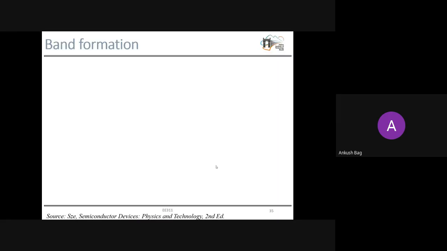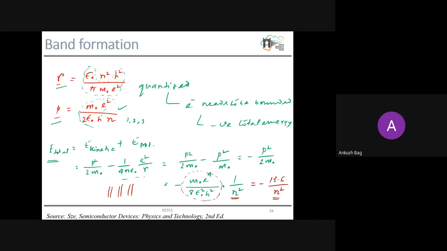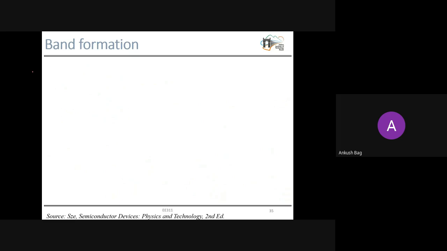So now, if I try to draw this discrete energy in the case of a single electron, how does it look? Let's say you have the electron, you have this proton or positive nucleus, and then we have different energy levels for electrons.